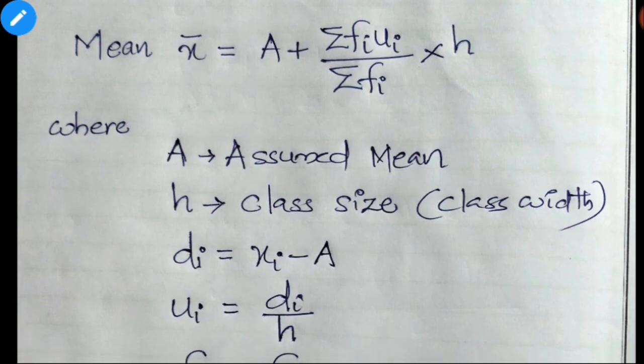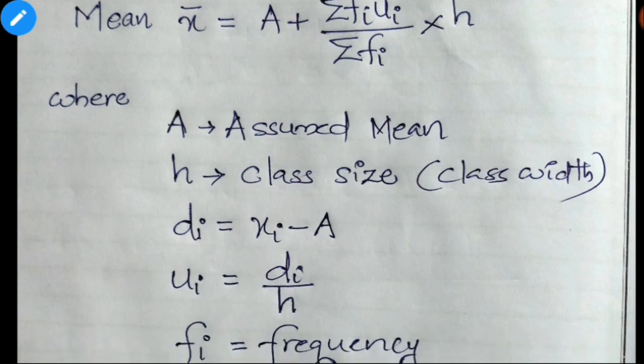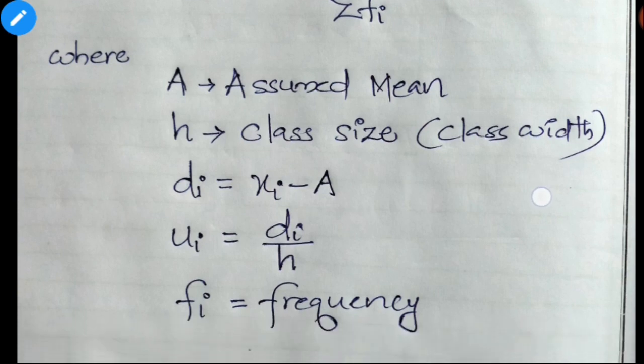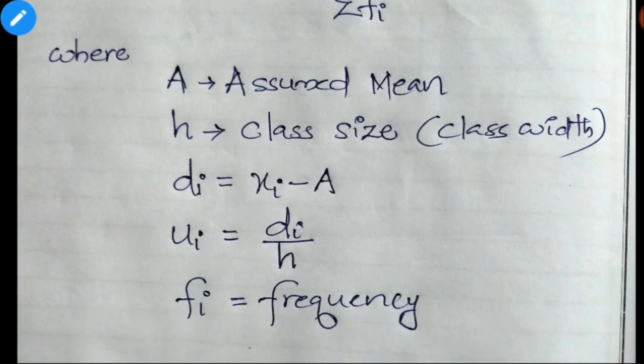As in the assumed mean method, di equal to xi minus a, and ui equal to di by h, where di is deviations, h is class size and fi's are frequencies.